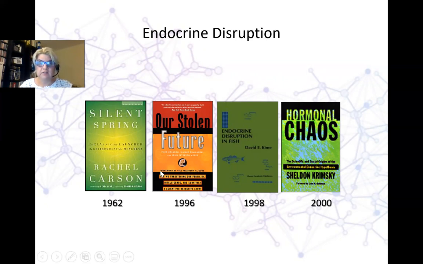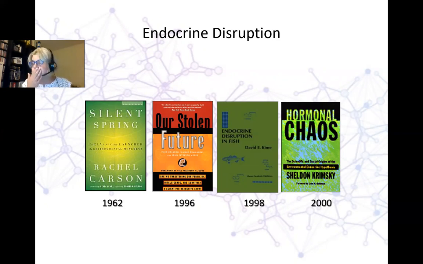So this started in the late 90s and into 2000, where we started to see this idea of endocrine disruption, which covers all these subtle sublethal effects occurring in wildlife, fish, and people. It wasn't causing some median lethality. It was causing subtle effects that could have long-term population impacts. And it wasn't really until the 2000s that we decided to call it an endocrine disruptor and started to refocus on that.